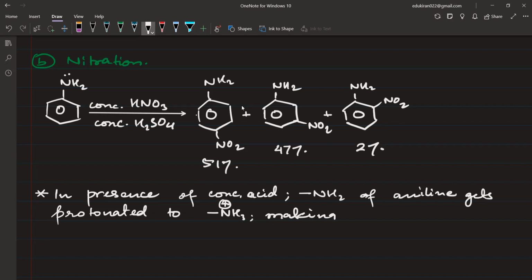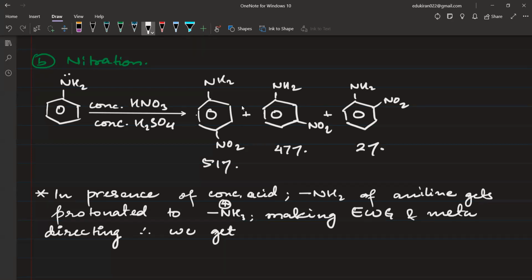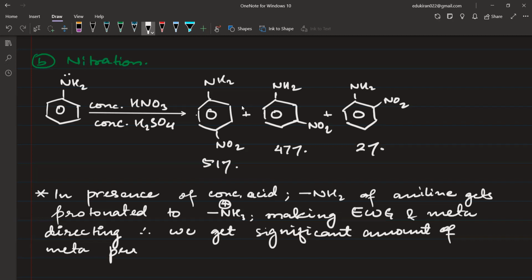Making it electron withdrawing group and meta-directing. And meta-directing. Therefore, we get significant amount of meta product.